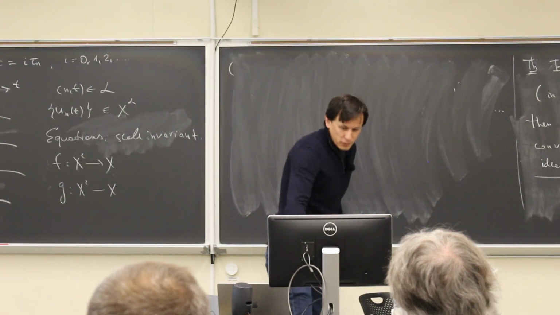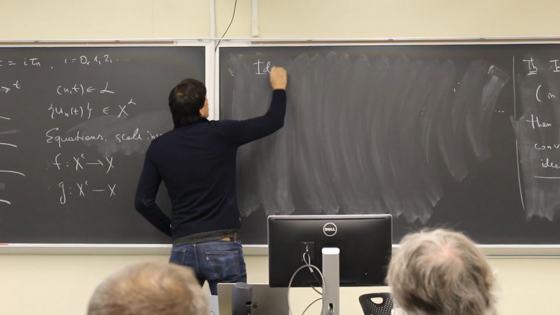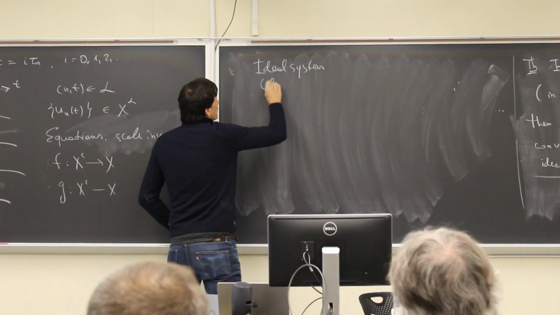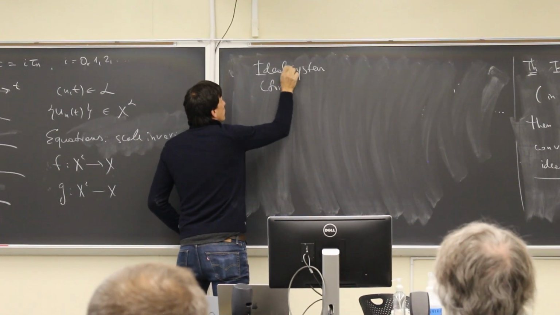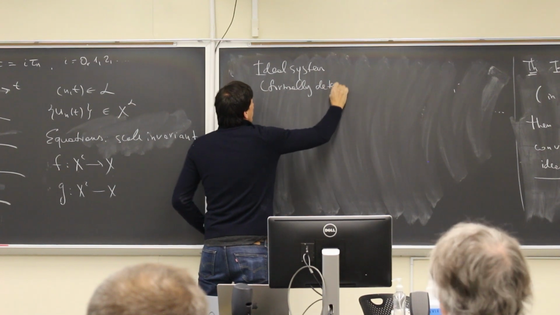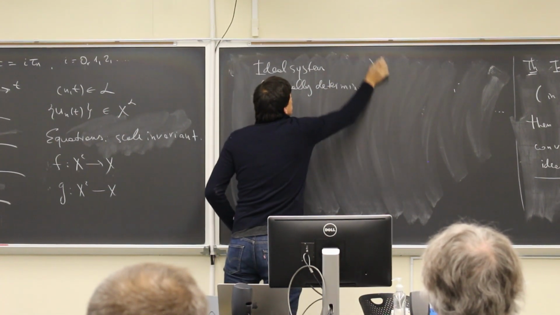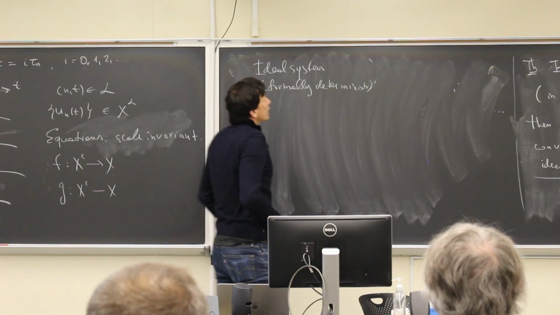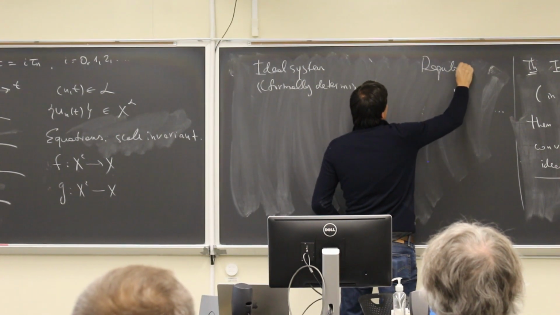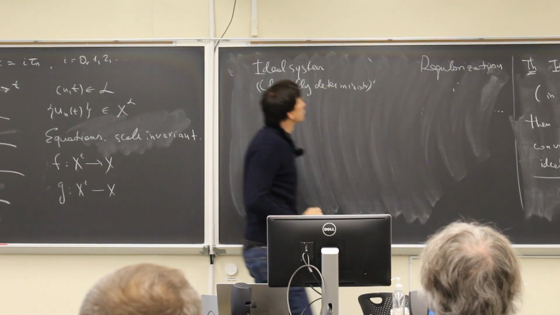So we started with the ideal system, which is formally deterministic. And we needed a regularization, because without regularization, there is no concept of solution.